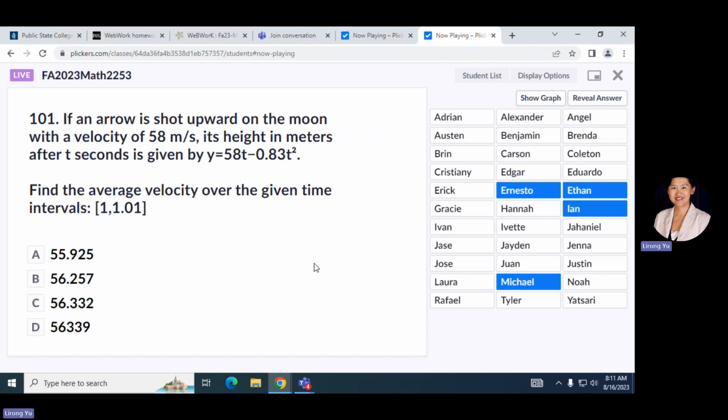So the average velocity, the slope of the position function, equals that number minus 57.17, divided by 1.01 minus 1. There's a missing number there. I didn't finish it because I don't have the tools to calculate it.